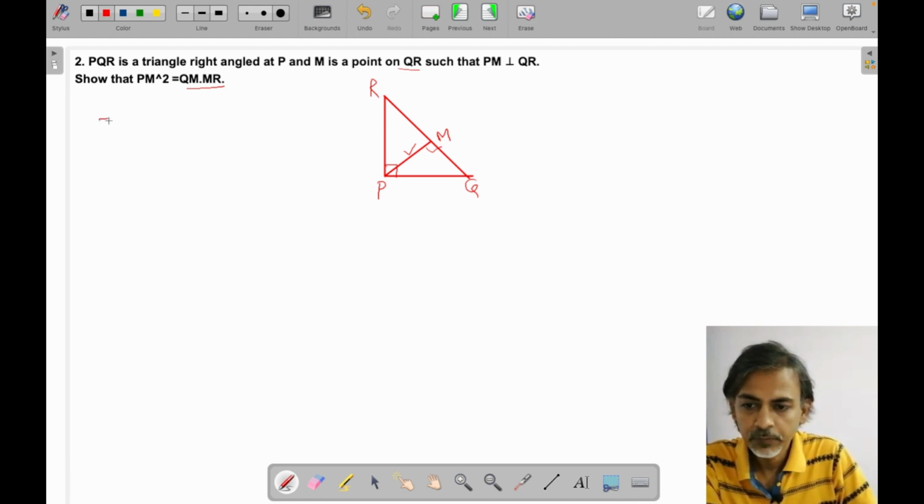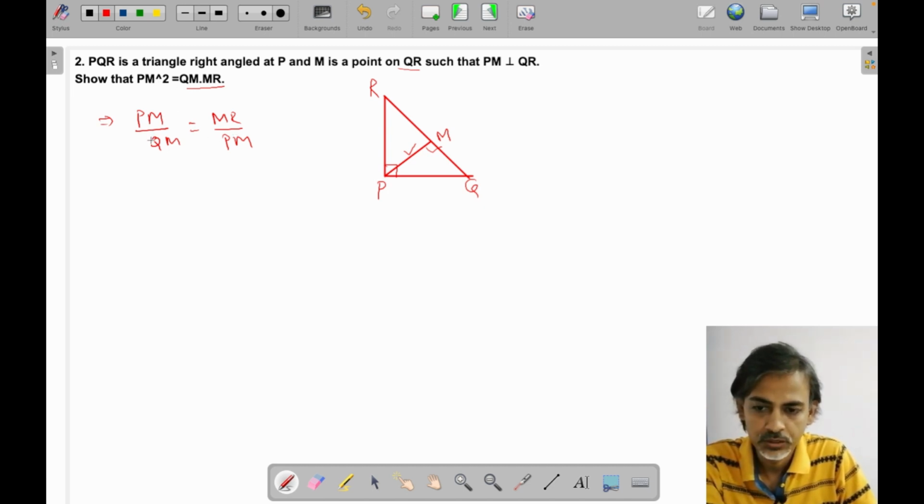So can we write PM square as PM by QM equals MR by PM? Can we write this like this? So what we have done is we have sent one PM to the other side because it's a cross multiplication. So now when you look at this, you get some idea.